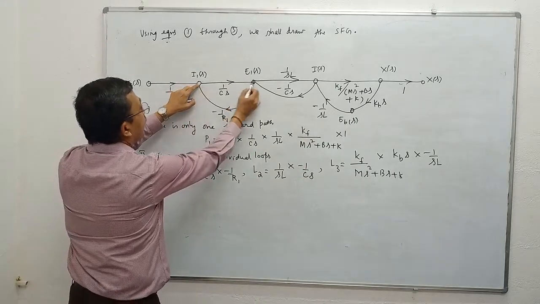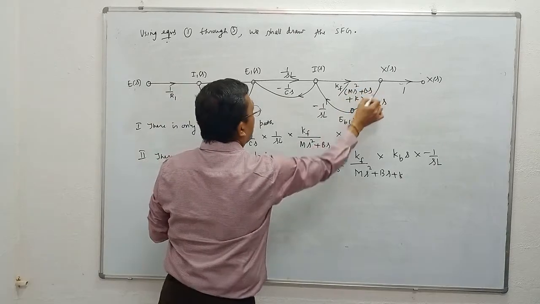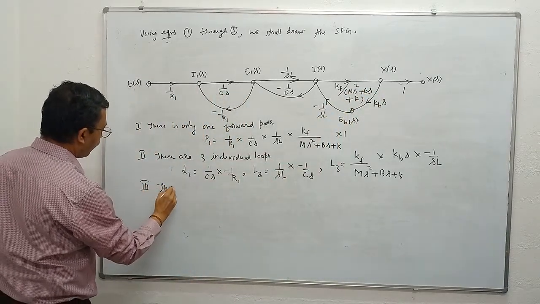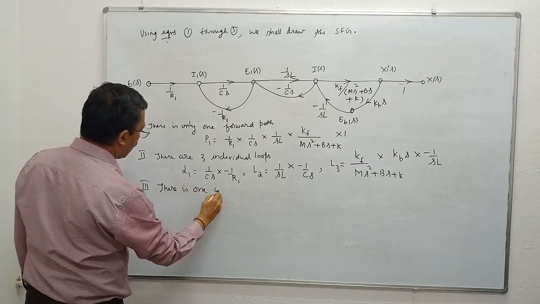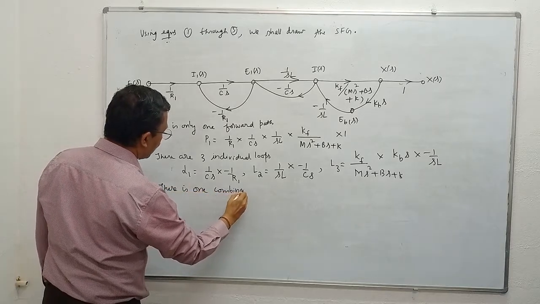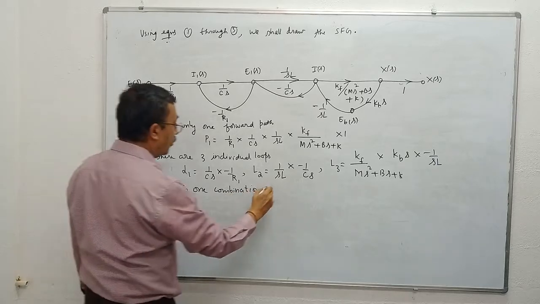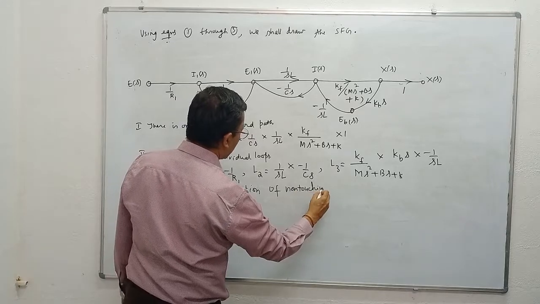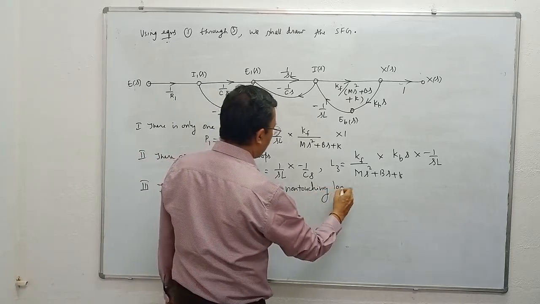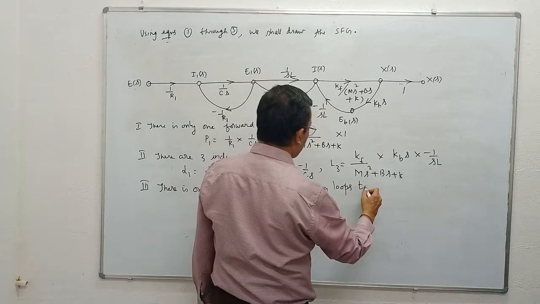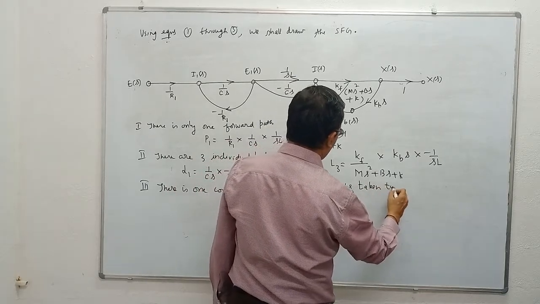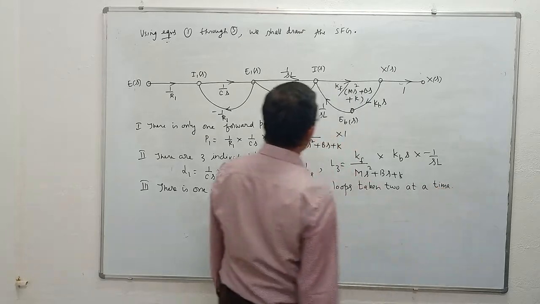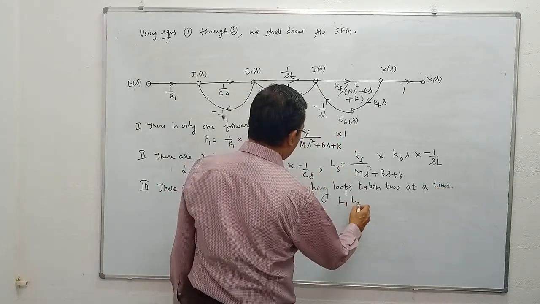Loop number 1 and loop number 3 do not touch each other. There is one combination of non-touching loops taken 2 at a time. What is the combination? L1, L3.